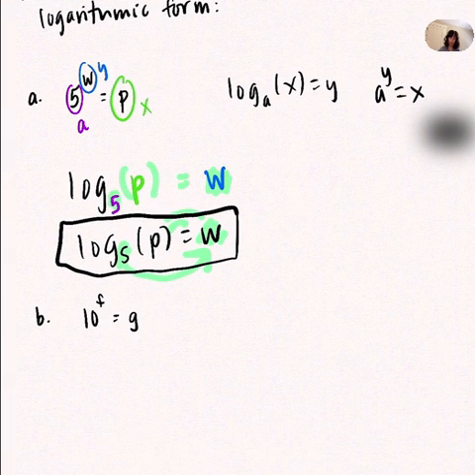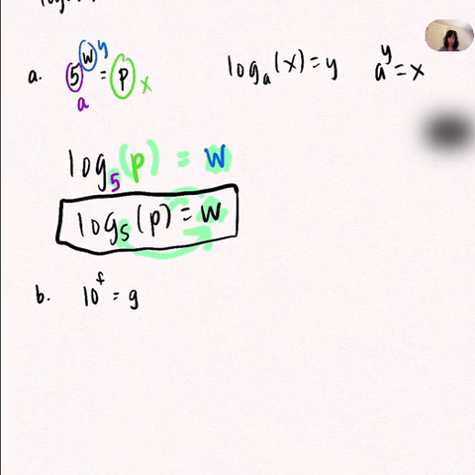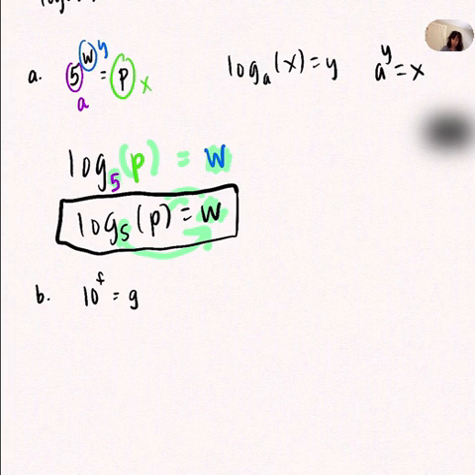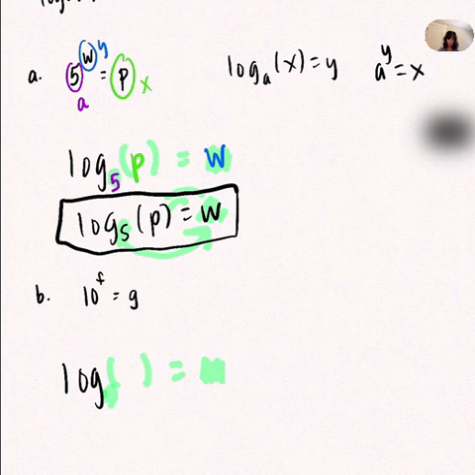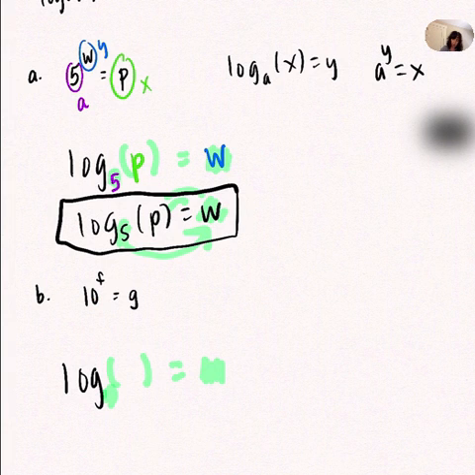Okay, let's do part B. We want to rewrite 10 to the f equals g in logarithmic form. So I'm going to put log base something of something equals something. We need to fill in 3 spots. Whatever is in the base of your exponent, that's what goes down as the base in the log.